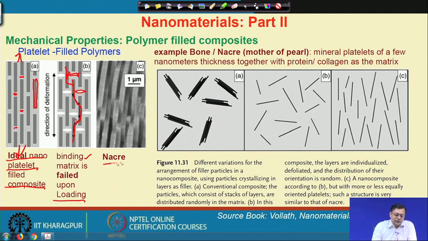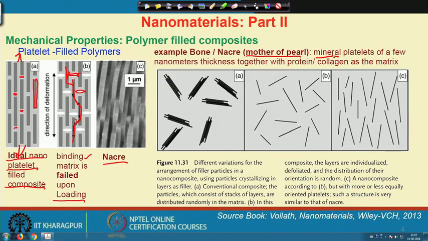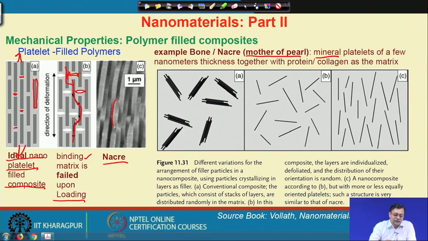Yes, this is nacre, which is basically mother of pearl. You have seen those hard shells, or our human bone, which are very nice examples of such a platelet filled or nanoplatelet filled composite. How? In our bone we have mineral platelets, which appear as plates, and we have collagen or protein which acts as a matrix.